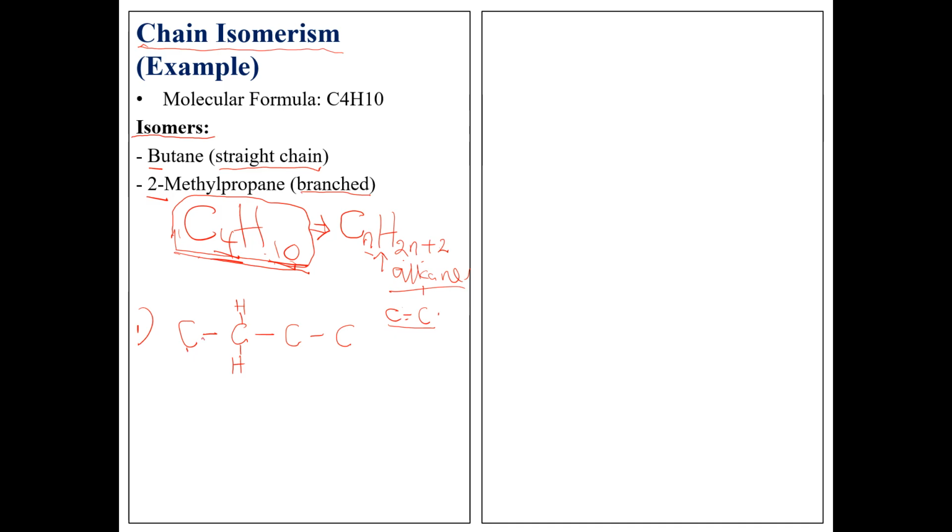Let's also satisfy this one. It will have 1, 2, 3. When you count the total number of bonds, we have 1, 2, 3, 4. Good. We go to the next. It already has 2, and therefore we can add the other 2 bonds, and then it comes 1, 2, 3, 4. Then this one also, we satisfy it.